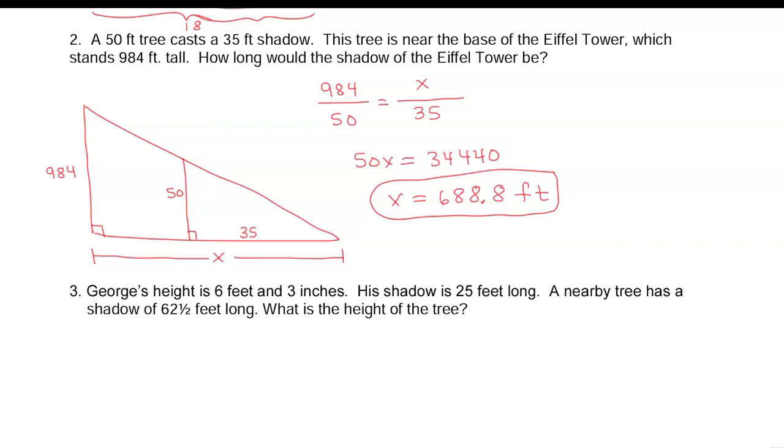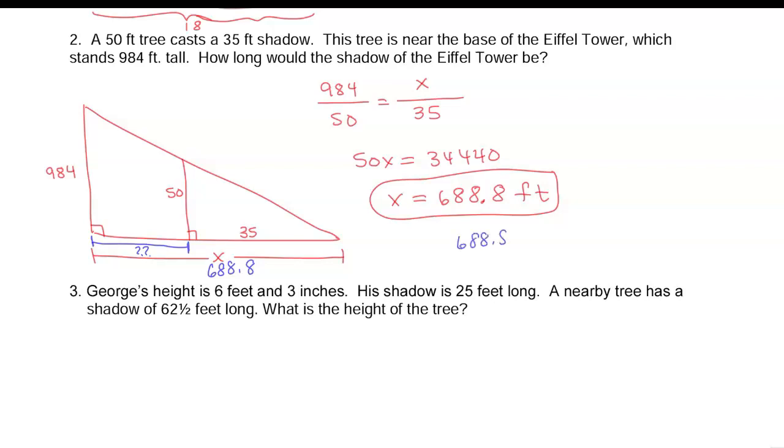I have a question for you that's not on here. How far apart are the tree and the Eiffel Tower? That's this length in here. How would you find that length in there? Well, if the entire shadow of the Eiffel Tower is this 688.8 feet, then you need to subtract 35 from that.